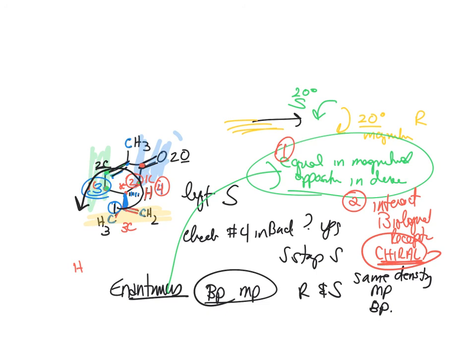Now note that when things are D and L, and they rotate light to the right, which is D, or to the left, which is a negative L, that is not related to R and S. R and S has to be determined by X-ray crystallography.